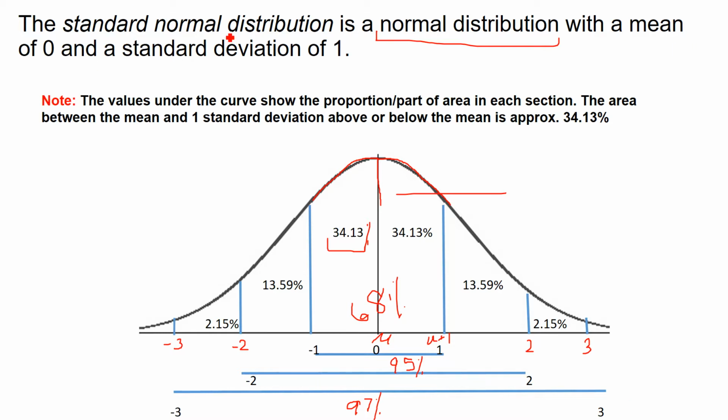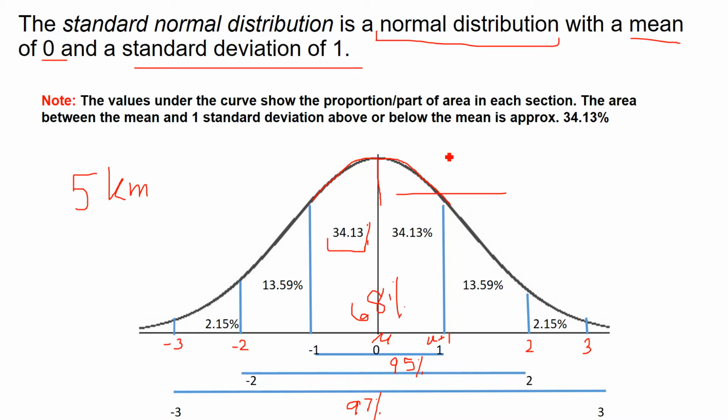But the standard normal distribution is also a normal distribution with a mean of 0 and a standard deviation of 1, right? I will give you an example. Suppose your school or your college is 5 kilometers from your house. So we are saying 5 kilometers from the house.